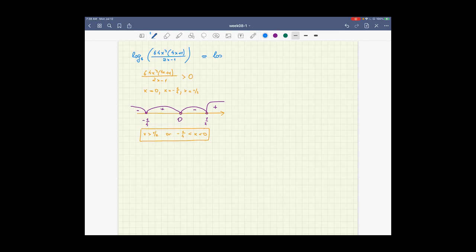If I write this as 3 log base 6 of 4 plus 3 log base 6 of x plus log base 6 of 4x plus 1 minus log base 6 of 2x minus 1.